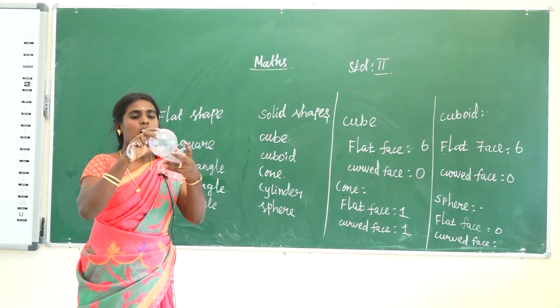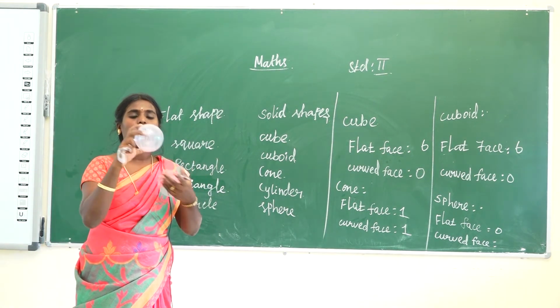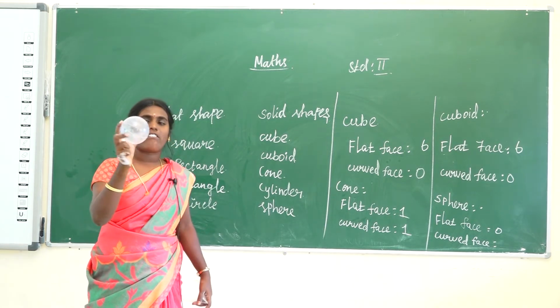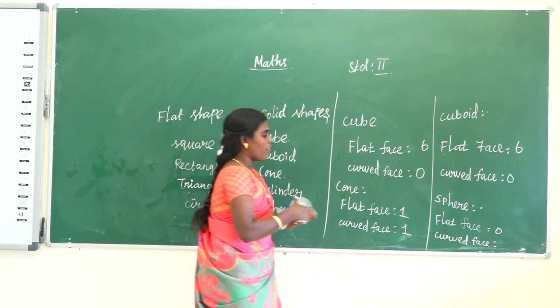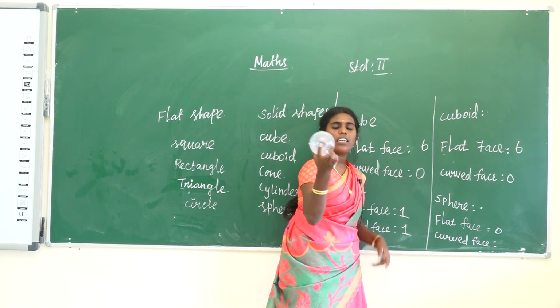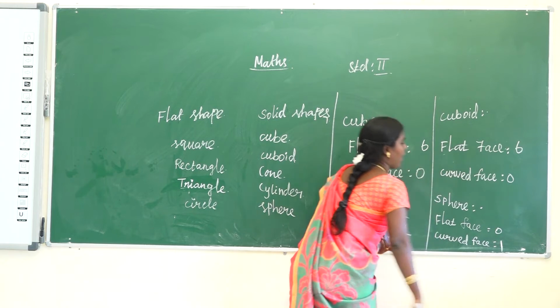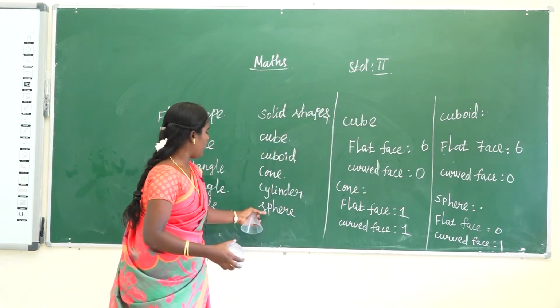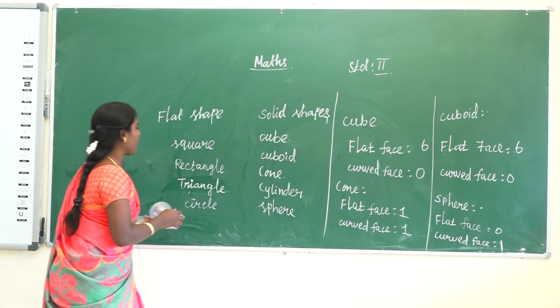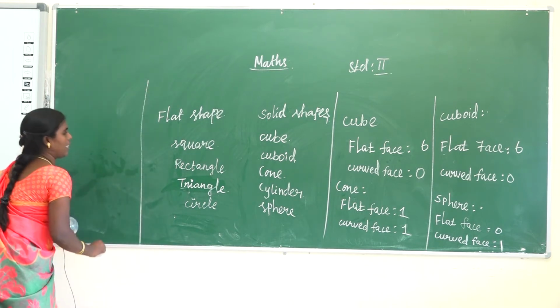It has only a curved surface. No flat face is there, so flat face is 0. How many curved faces are there? Only one curved face. Then next one is cylinder.